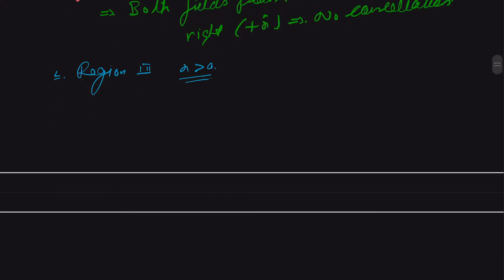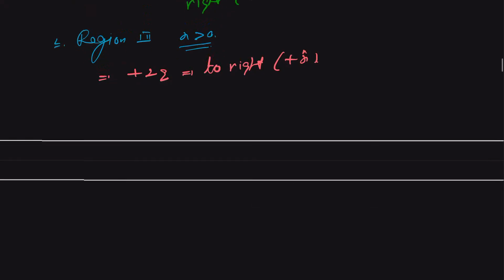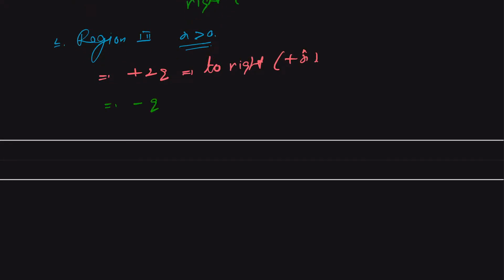For x greater than a, the field due to plus 2q is towards the right, that is plus x unit vector, and the field due to minus q will be to the left, that is minus x unit vector.